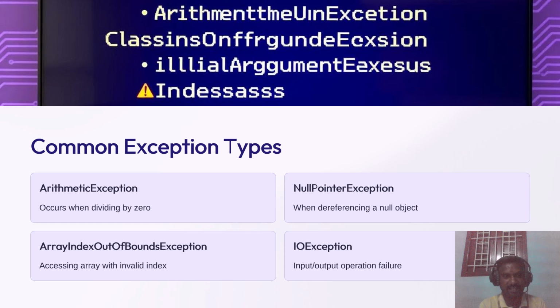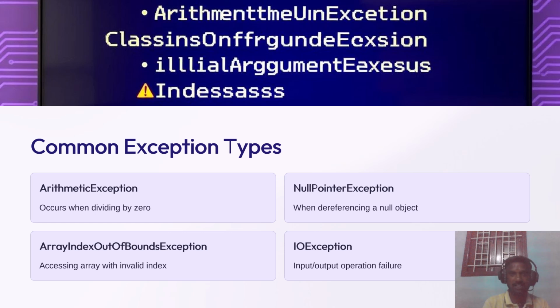The first one is arithmetic exception, which occurs when dividing by zero. If any value is divided by zero, it automatically generates an error. The second type is null pointer exception, when referencing a null object. The third one is array index out of bounds exception, accessing an array with an invalid index.